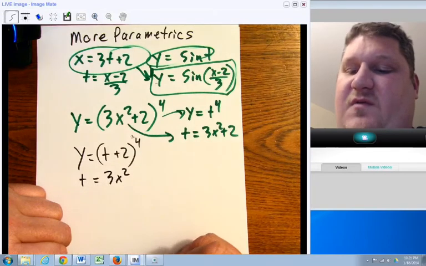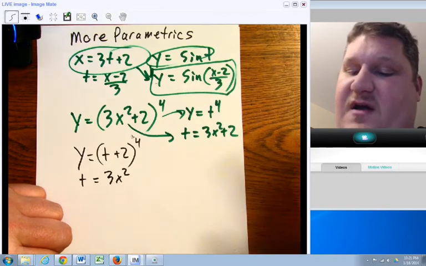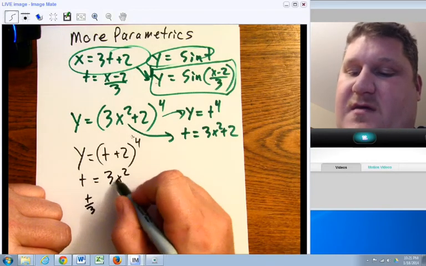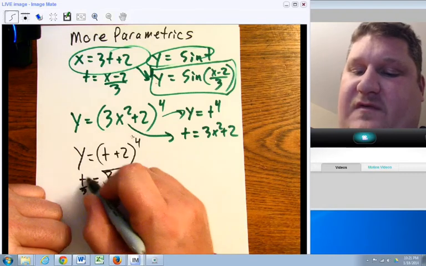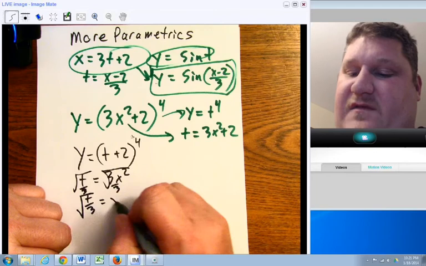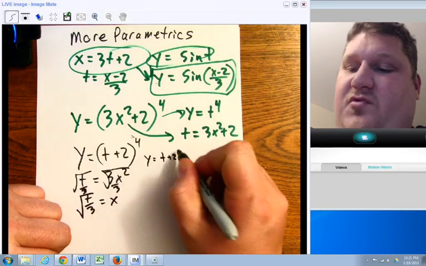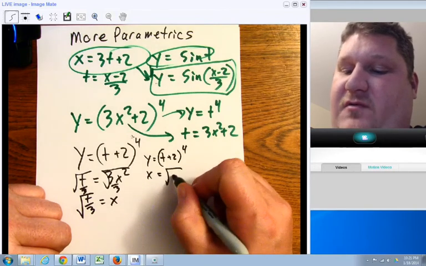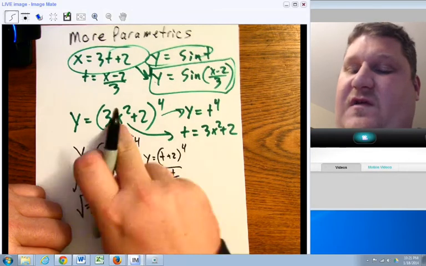Now you say, well, okay, but that's y in terms of t and t in terms of x. Fair enough, but it's easy enough to say t divided by 3, by dividing both sides by 3, square rooting both sides. And so now I have y equals t plus 2 to the fourth power, and I have x equals the square root of t over 3. So it's simply a matter of choosing what you wish to be.